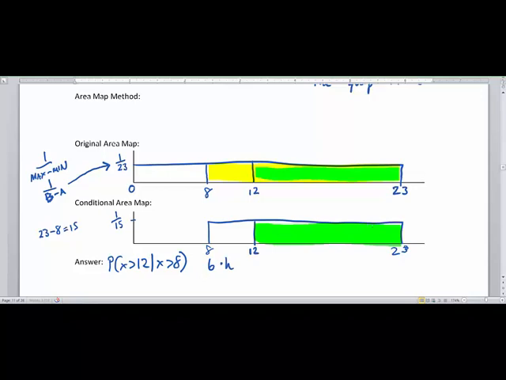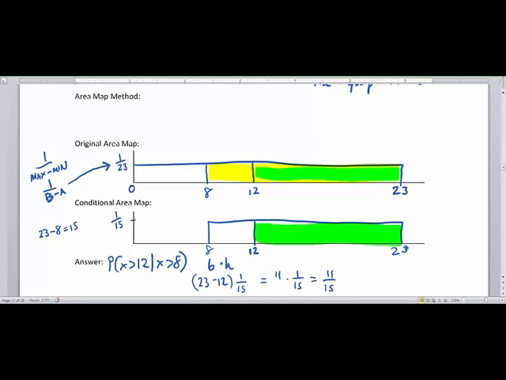The base of the green section is from the green 12 to the green 23, so the base is 23 minus 12. This is the green section out of the whole height of this object, which is 1/15. So 23 minus 12 is 11, times 1/15, which is 11/15.